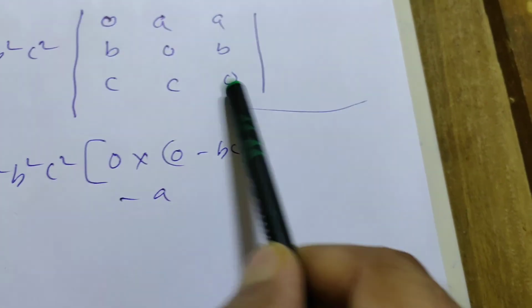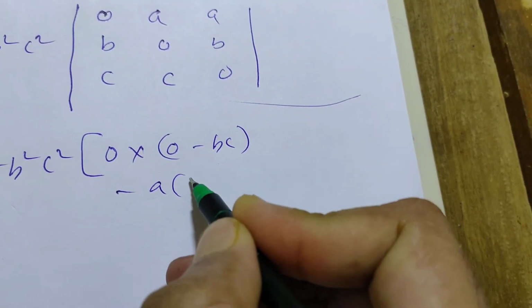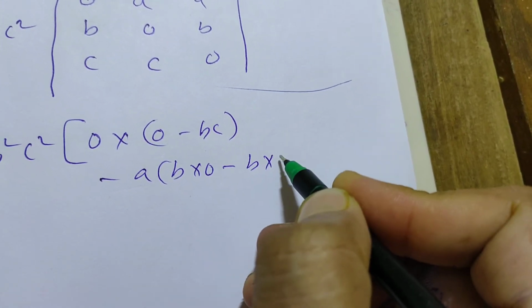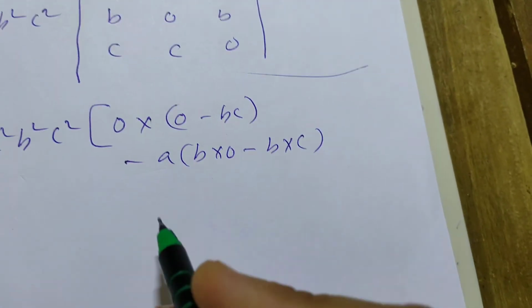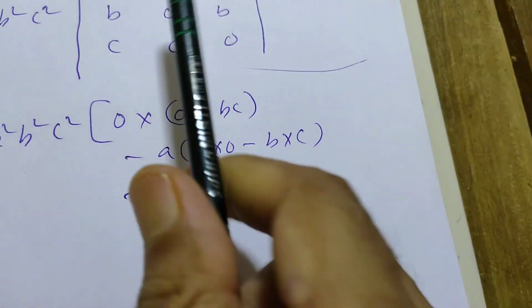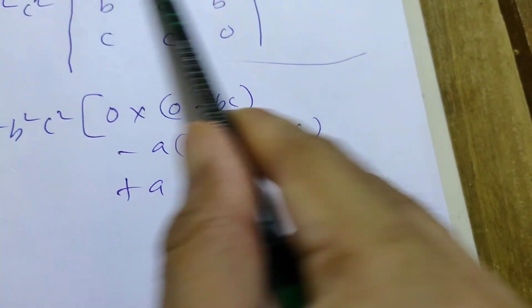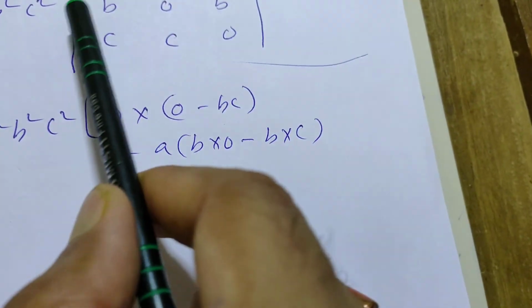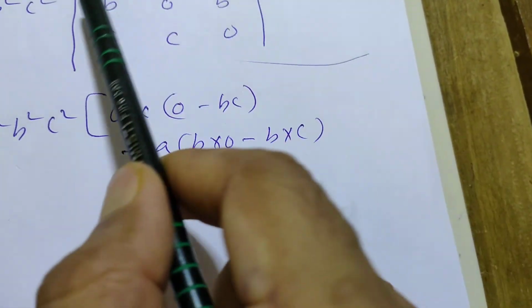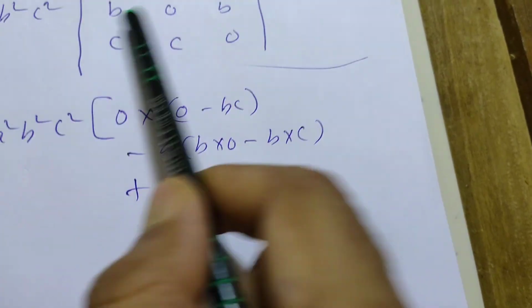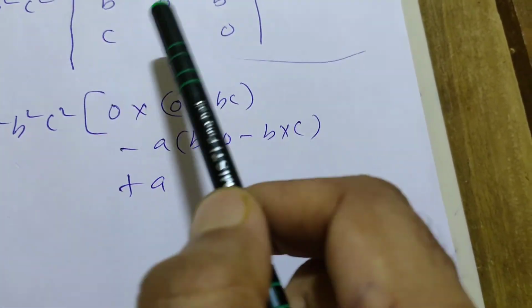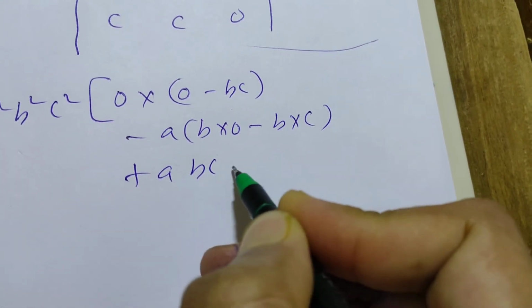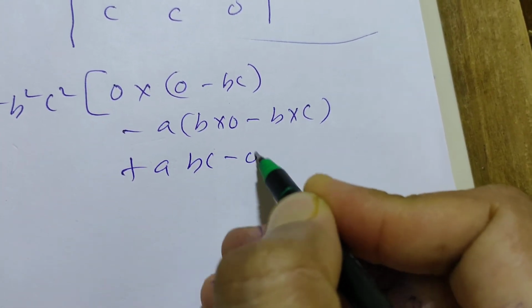So that is b into 0 is 0 and minus b into c. Similarly the third one plus a into, again cancelling out all the elements of the row and column in which a lies. So remaining will be b0 and c0. So solving this as a 2 cross 2 determinant, we will be getting a into bc and minus 0 into c.